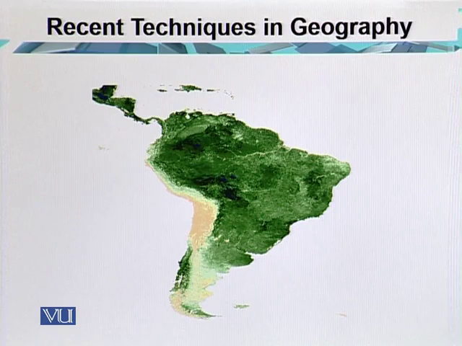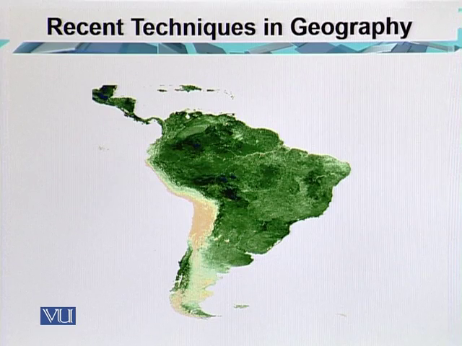Green color shows the vegetal cover of the continent. This is the South Asian continent, and most of the area is covered with green color. So most of the area is covered with vegetal cover, and the western part of the continent defines different land use because it has a desert type of environment and a mountainous type of land use.